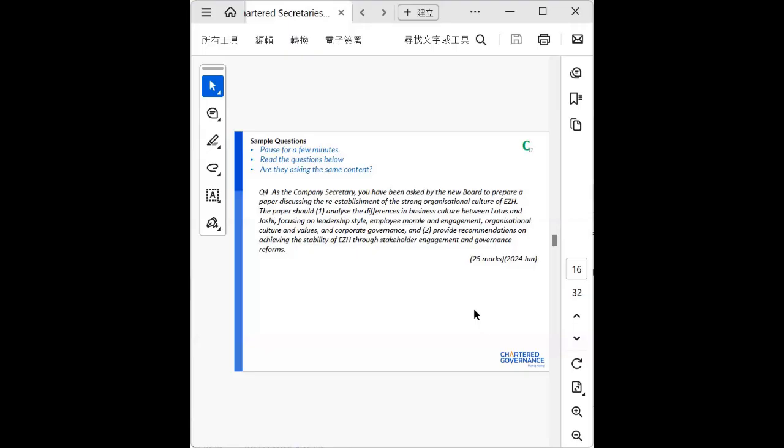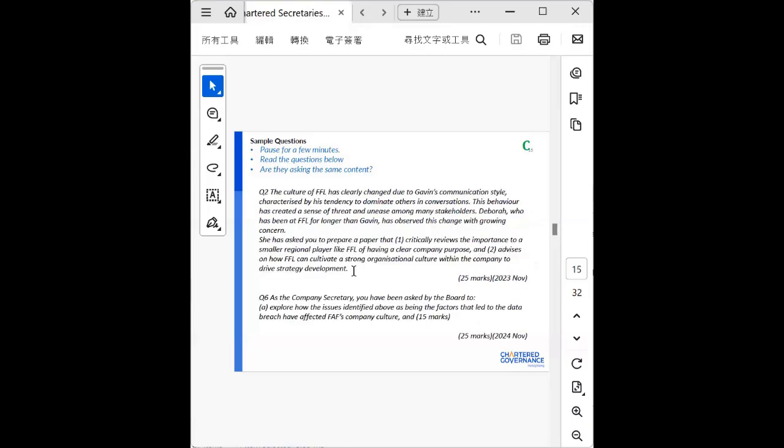The other types of question that you can see are not just about culture; they are about the company's purpose, the governing body, or the social responsibility. How you drive the cultural strategy development, how strong organizations work, you have to discuss the importance of having a strong organization culture within the company as a driver to the strategy.